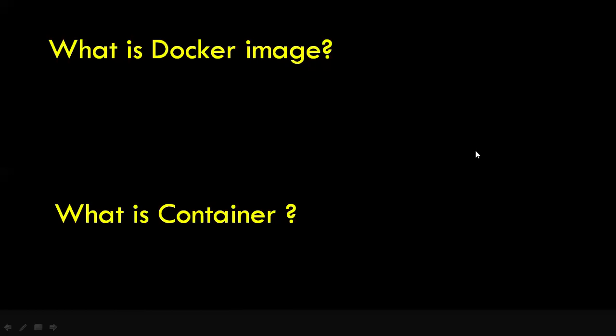How many of you are data scientists here? What is the difference between a Docker image and a Docker container? Think of images and containers like building a house, guys. A Docker image is like your house blueprint.